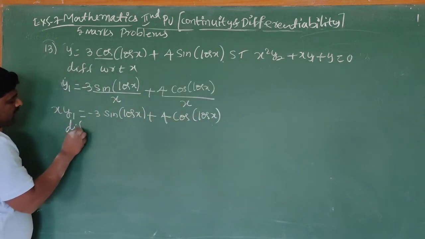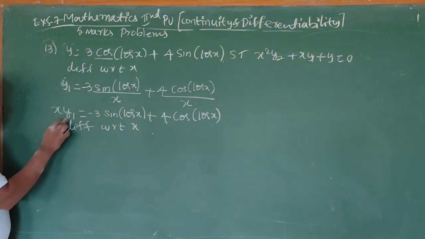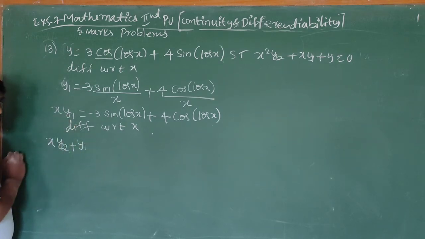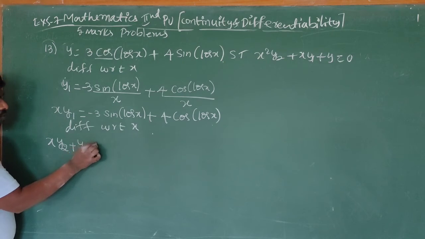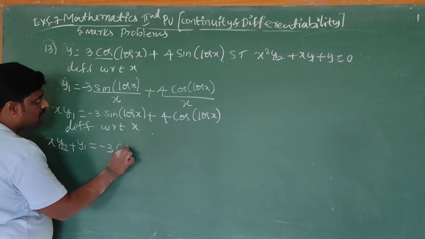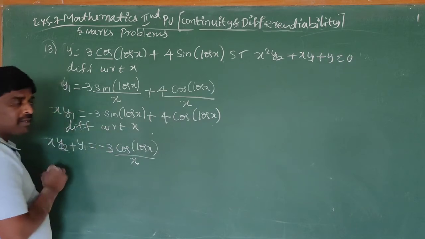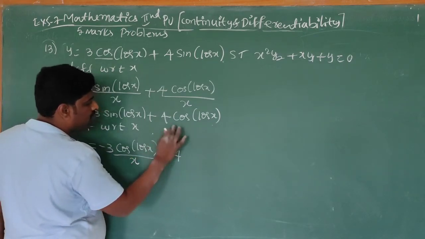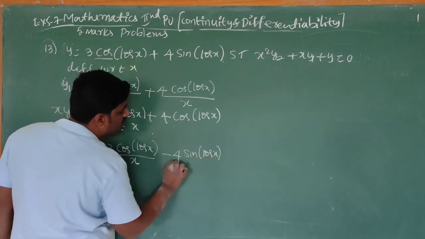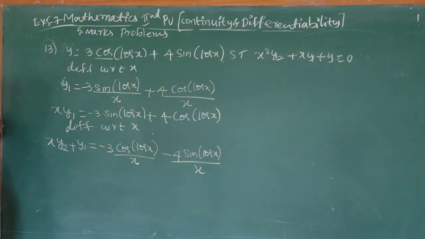So differentiate with respect to x. X as it is, y1 differentiation is y2, plus y1 as it is, x differentiation is 1, equals minus 3 into sine differentiation, which is cos of log x, log x differentiation is 1 by x, plus 4 as it is, cos differentiation is minus sine of log x, log x differentiation is 1 by x. This x will go to LHS.